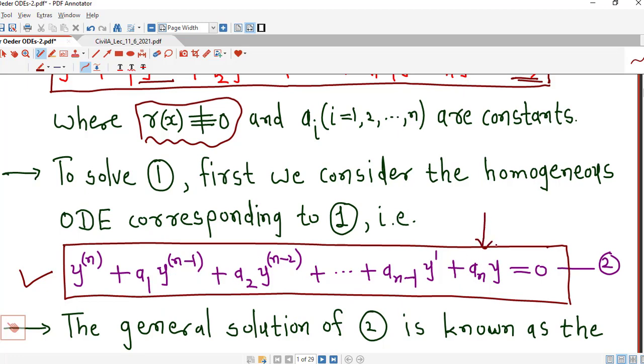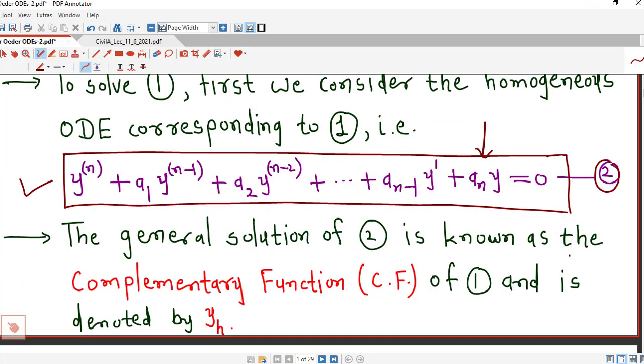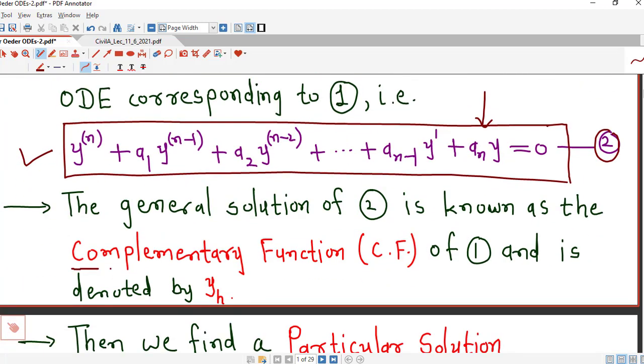So the general solution of equation number 2 is known as complementary function. Shortly we will denote it by C.F. So this general solution of equation number 2 is known as the complementary function of the given non-homogeneous equation 1, and we will use the notation y suffix h to denote the complementary function.